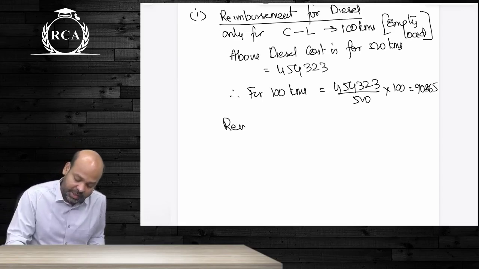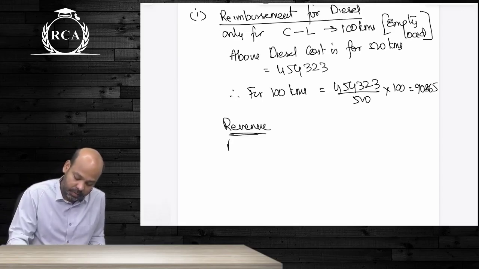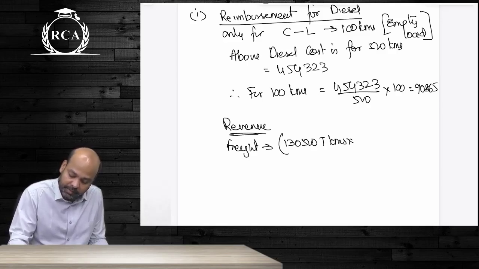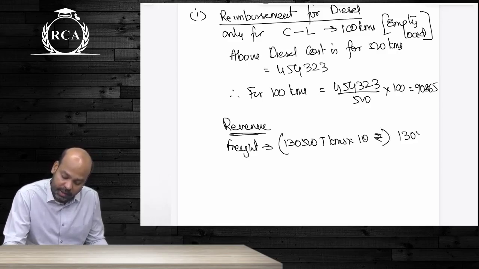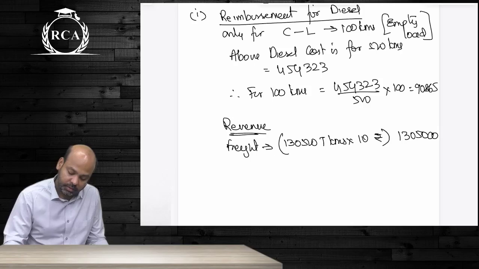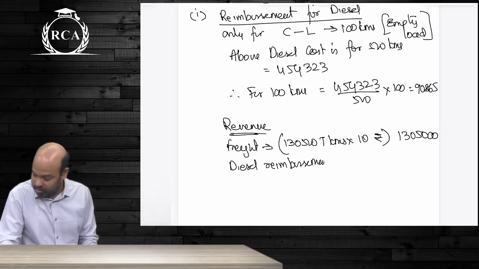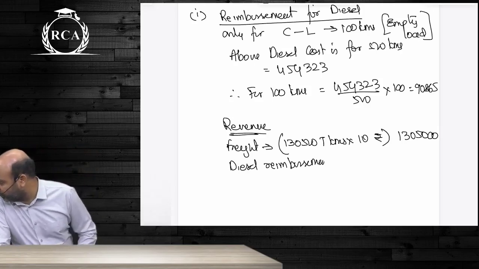रेवेन्यू गाइस कितना हो जाएगा बेटे अभी? Freight beta would be 1,30,500 ton kilometers multiplied by 10 rupees. 13,05,000. Diesel reimbursement beta would be 90,865. Online students, I hope you all understood.